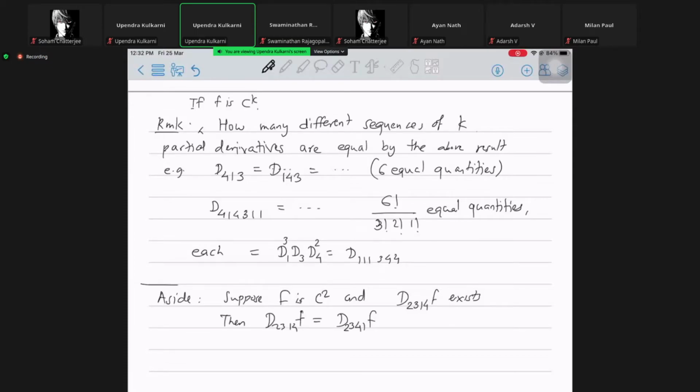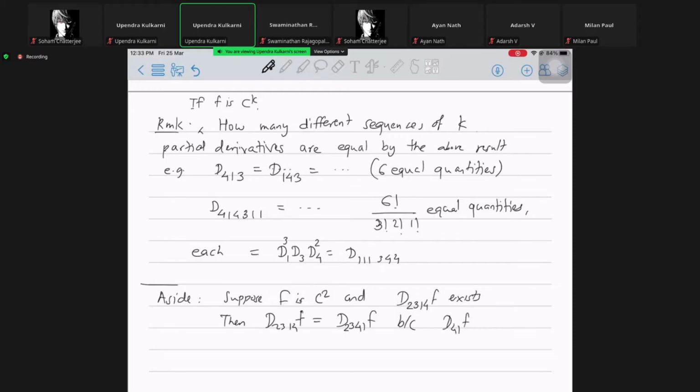Now you just tack on 2 and 3 because you told me by hypothesis that this partial derivative D23 of D14 of F existed, but D14 of F is equal to D41 of F. So this is all straightforward. Right? Okay, sir. Yeah. So let me just say, no, I should say it the other way around. Psychologically, because D14 is given to me. So sorry.